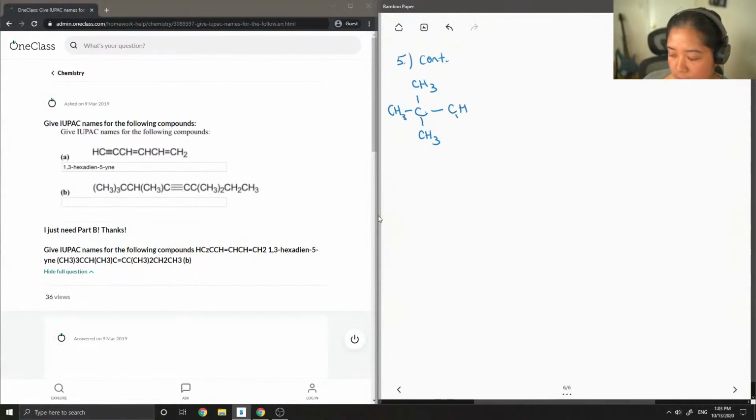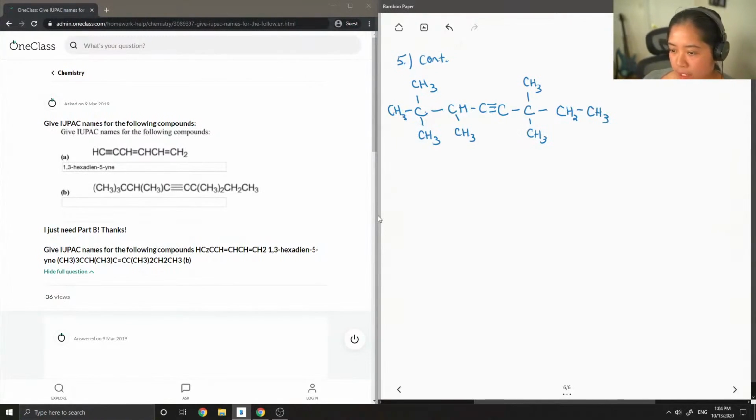Have one with a single methyl group, carbon with a triple bond, carbon with 2 methyls, one that just has CH2, then ends with CH3.